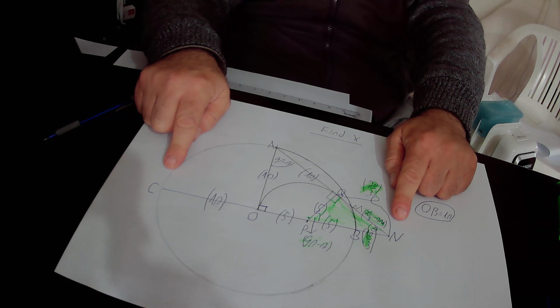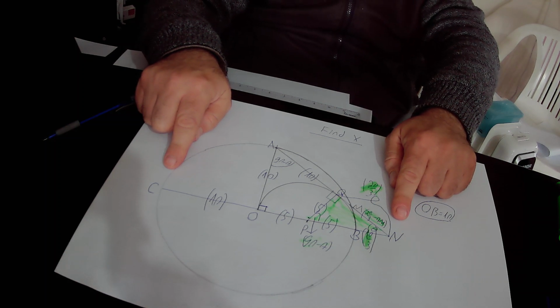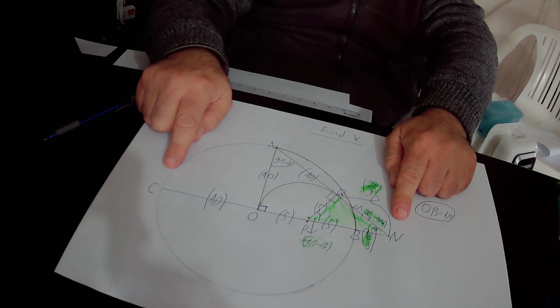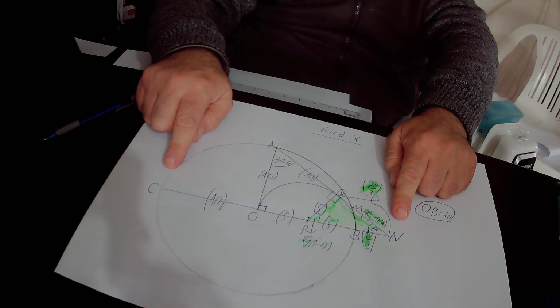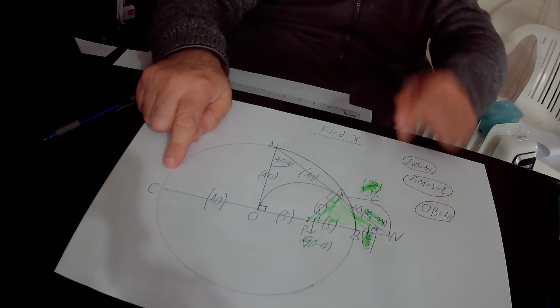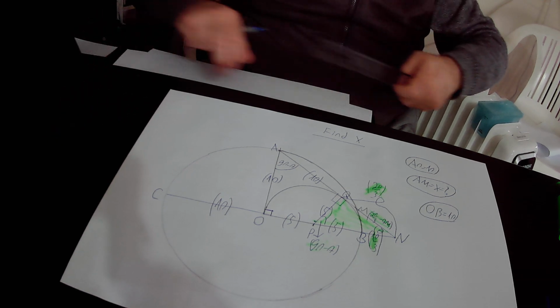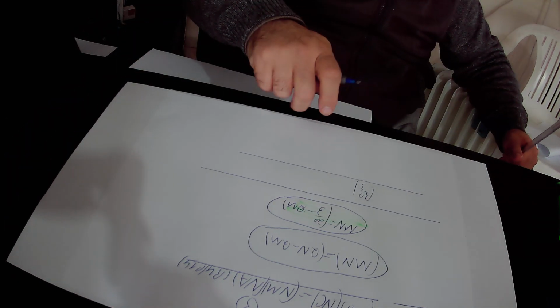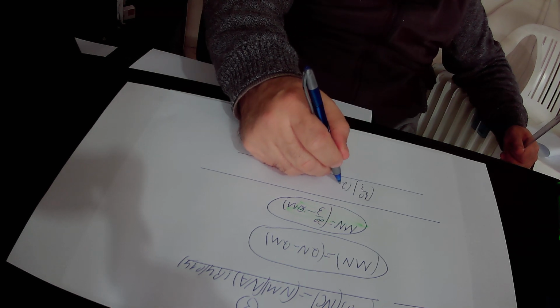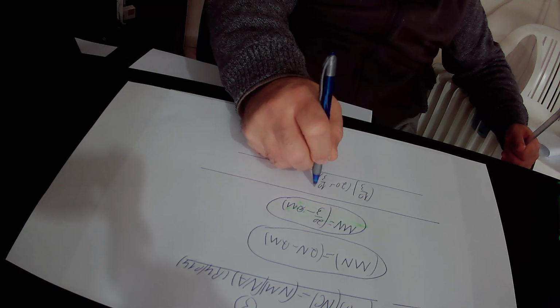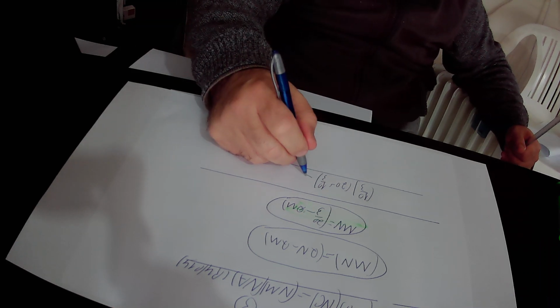CN equals CO plus OP plus PB plus BN. So CN equals CO, that is 10, plus OP, that is 5, plus PB, that is 5. So 10 plus 5 plus 5 is 20, plus BN, that is 10 over 3. So in total CN equals 20 plus 10 over 3 units.